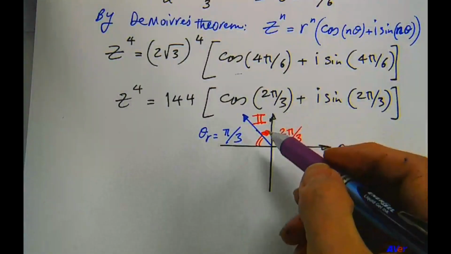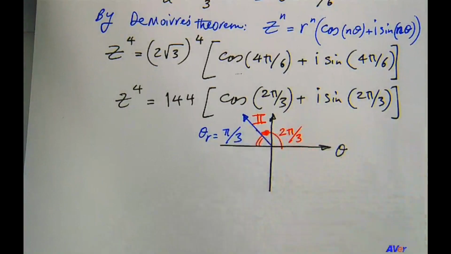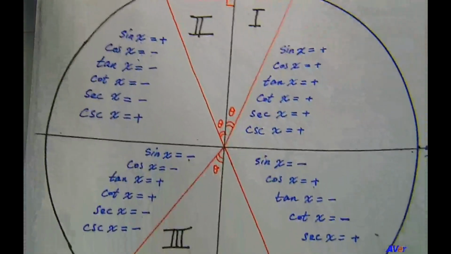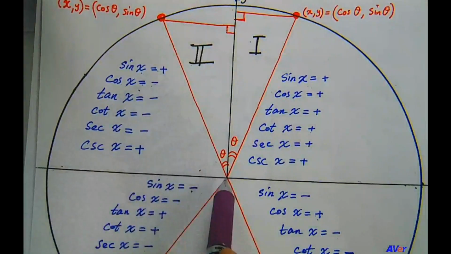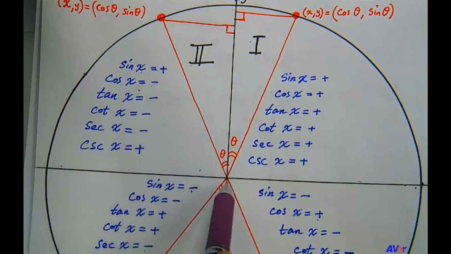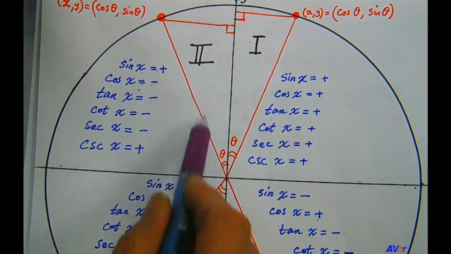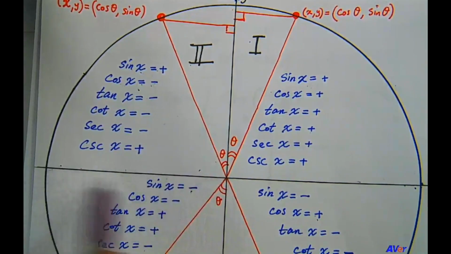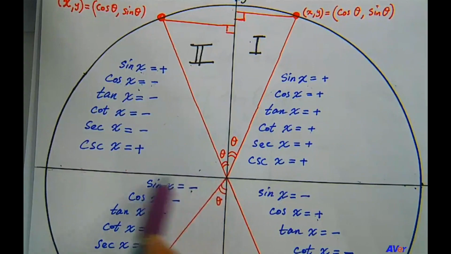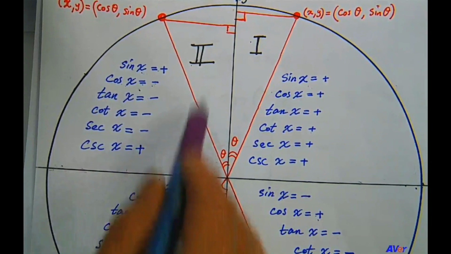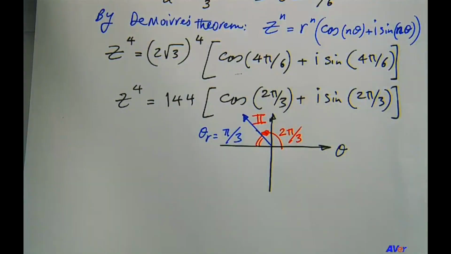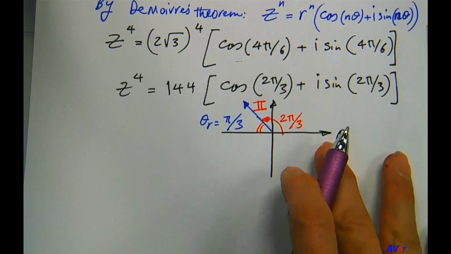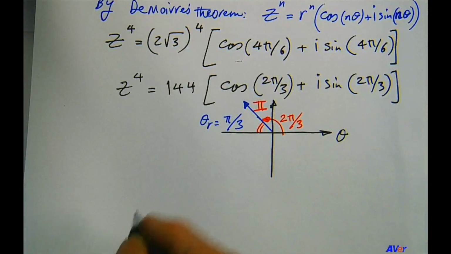So we are in the second quadrant where cosine is negative, because the reflection of the cosine of a reference angle in that quadrant is along the horizontal line, and the horizontal line here in the second quadrant is negative. So that'll be minus 1 over 2. And so let me write that down.